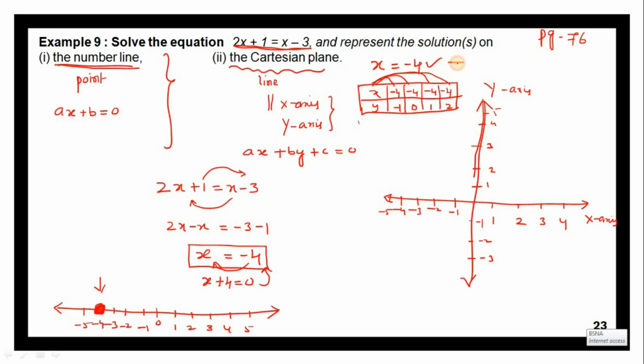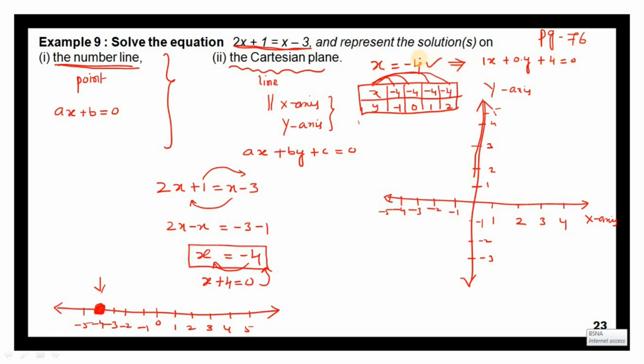The same equation I can rewrite as an equation with two variables. x is equal to -4. How to write this equation in two-variable form? 1x plus, I don't have a y variable here, so I can write it as 0y plus 4 is equal to 0.